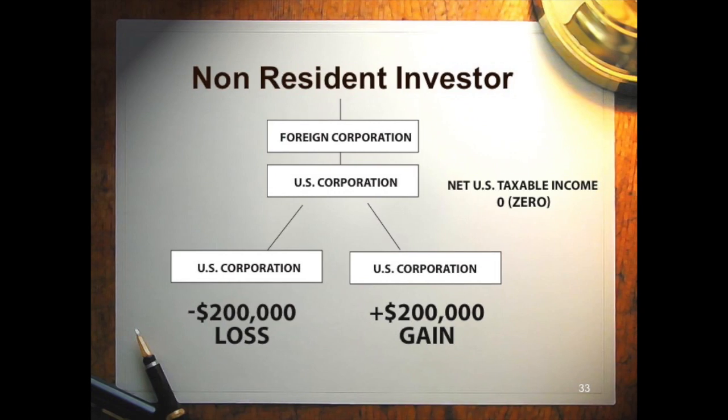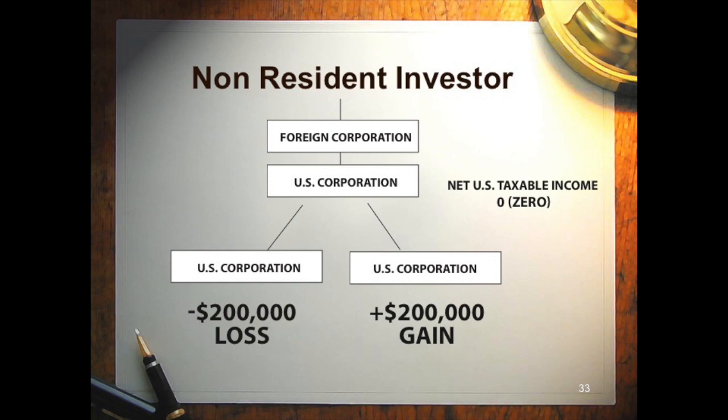Now, what I've shown you in the next few slides is how we do certain tax planning for different situations. We have on page 33, we show a non-resident alien investor owns a foreign corporation, opens a U.S. corporation, but here that investor opened a U.S. corporation, and that U.S. corporation actually opened two other U.S. corporations. Now, what did that do?